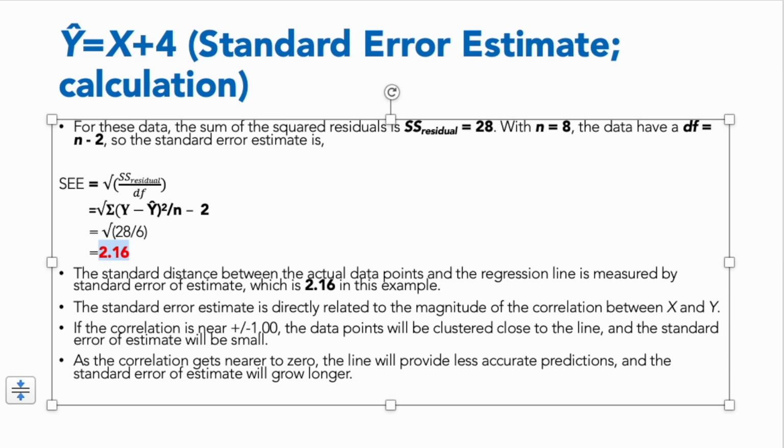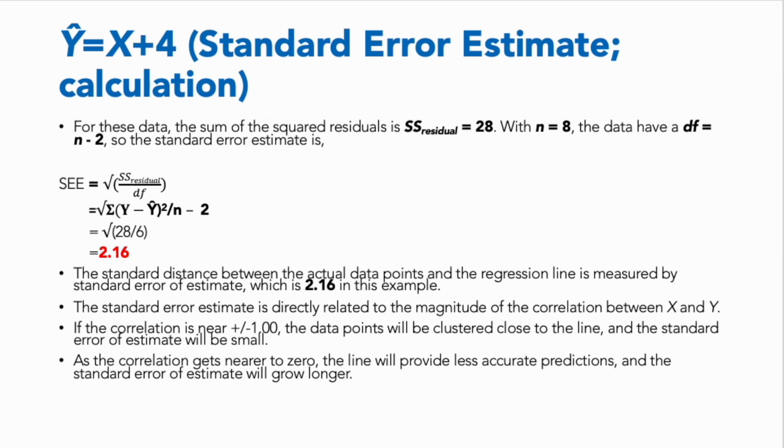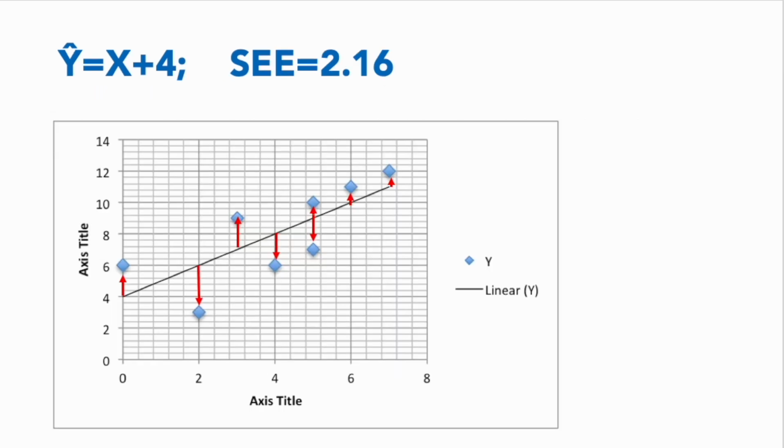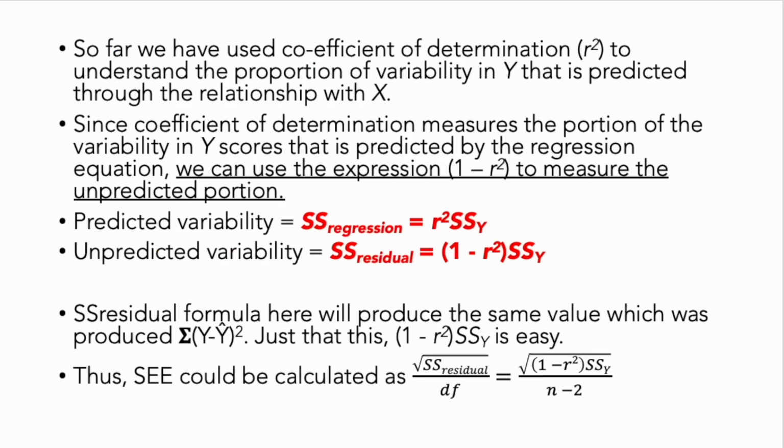But if you have a higher value for standard error of estimate, it means your correlation is not so good. So this is our equation, this is how it is plotted. The average distance between this best fit line and the points is 2.16, that's the standard error of estimate.